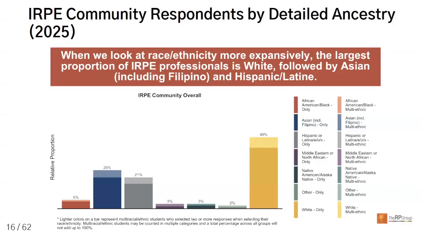So if you're here today, you're getting a little bit of a preview of at least one way of showing those folks who maybe only marked that one box, right? So that's kind of that first column, the darker shade. But it also shows you how many people all identified with that and others, right? So the lighter shading are the folks who clicked that box and at least one other box.